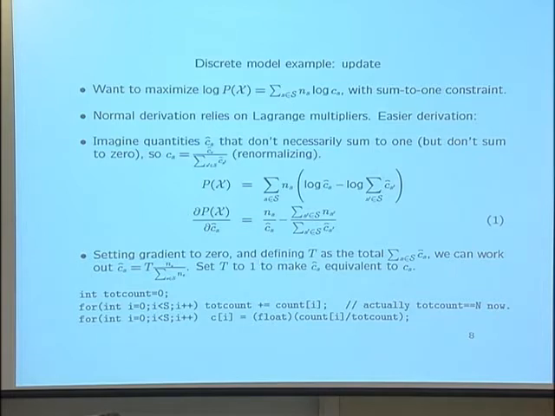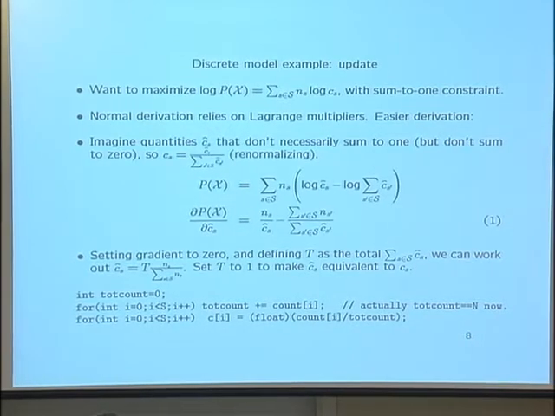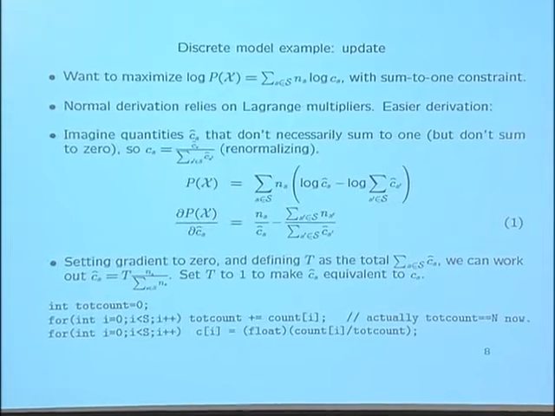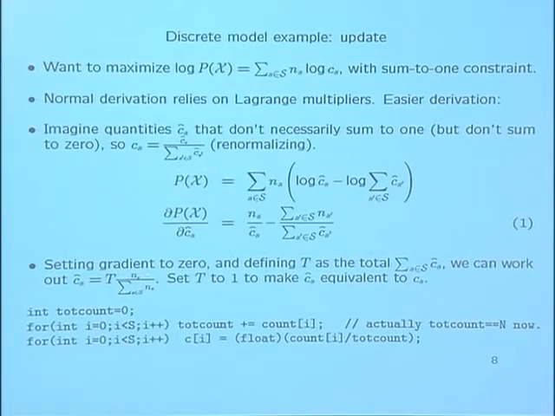Then if we set t to 1 to make the c hat sub s equivalent to the c sub s, because they sum to 1, the answer comes out. So c sub s equals the count divided by the total count, which is what you'd expect. If you saw 1,000 samples and you saw something twice, then your probability is 2 over 1,000.